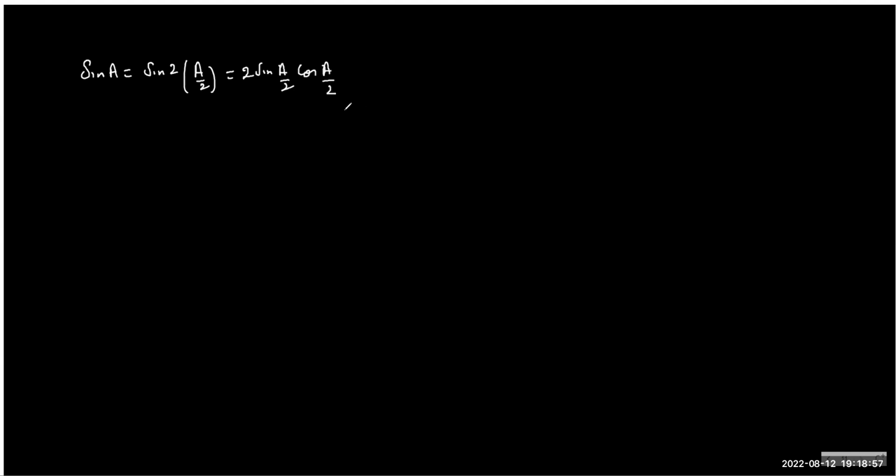Like this. You can keep on dividing like this. Cos A by 2 is 2 sine A by 4 cos A by 4 and so on. You can also keep on dividing into half and half.